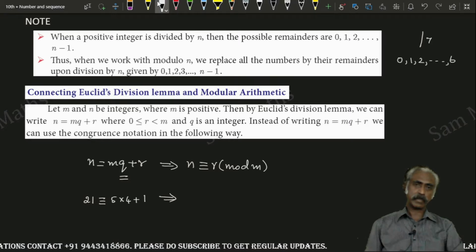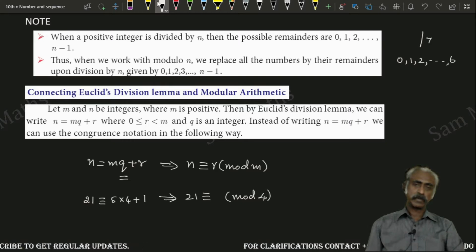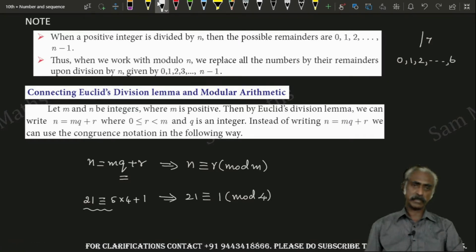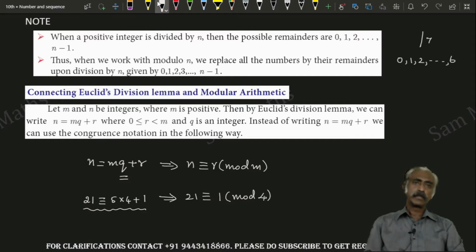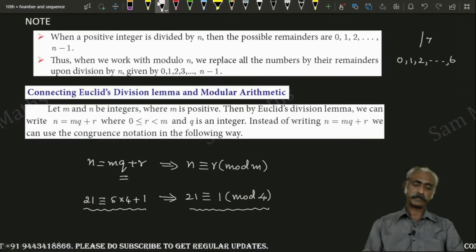Therefore, in congruence modulo, we can write this as 21 is congruent to, we are using mod 4, therefore the remainder is 1. So the same thing we can express in this form. The left hand side notation is Euclid's division lemma. This is modular arithmetic. So both are connected.